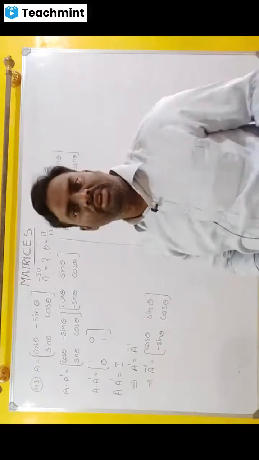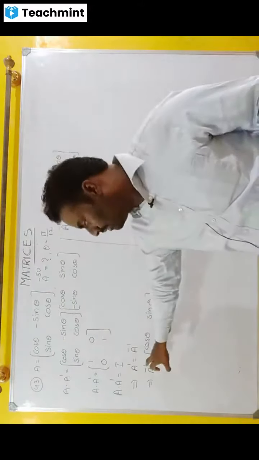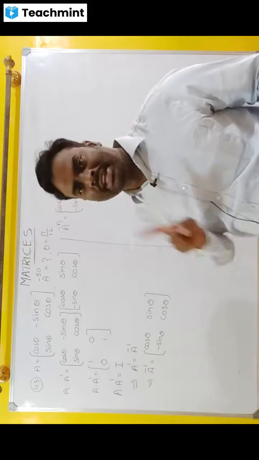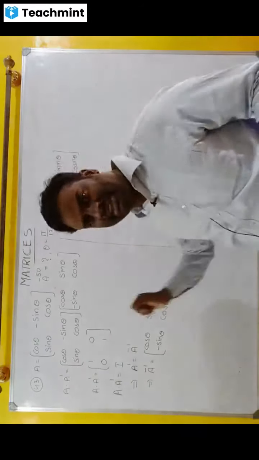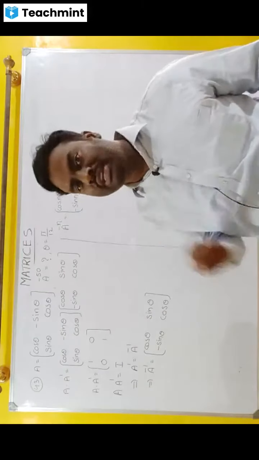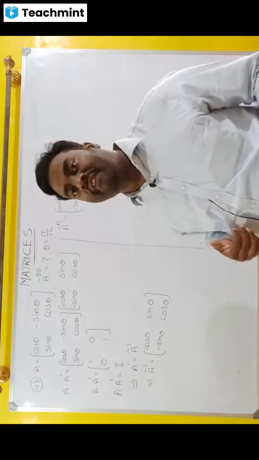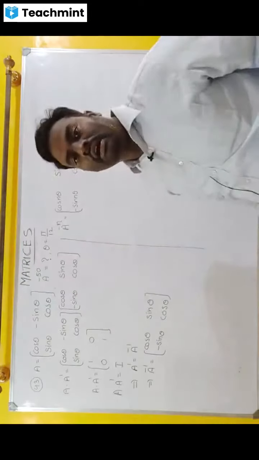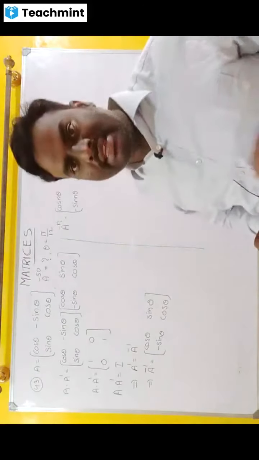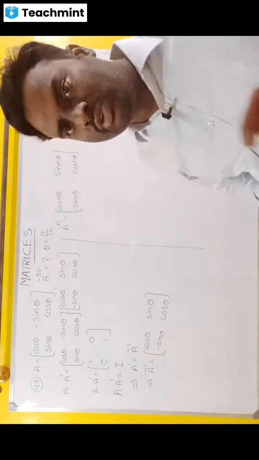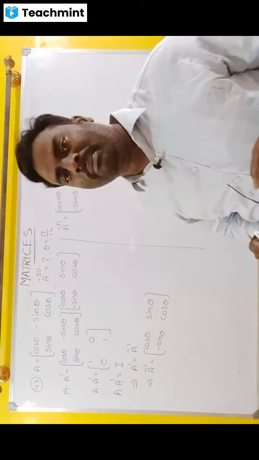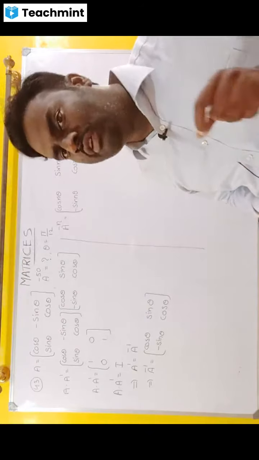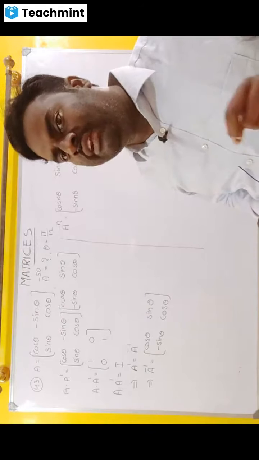Understood how we got this value? Here power is minus 1, so there is 1 theta. When minus 2 is there, 2 theta. When minus n is there, n theta. That's why we got the A power minus n value. But in the question we required A power minus 50.